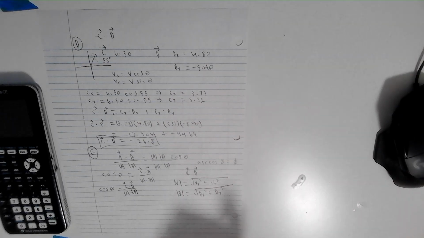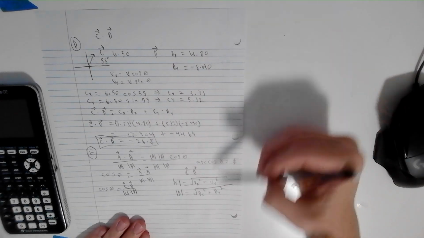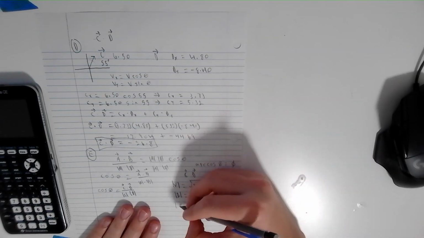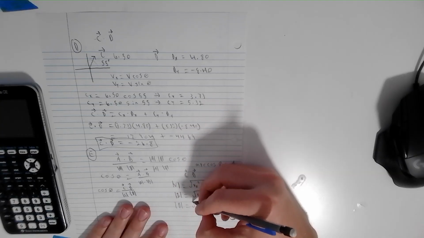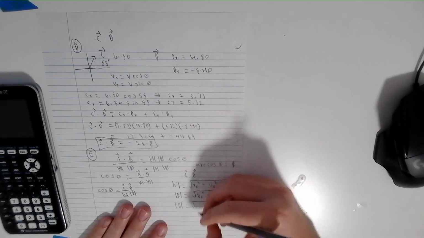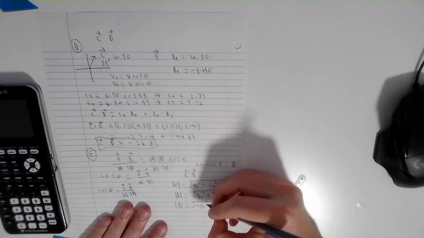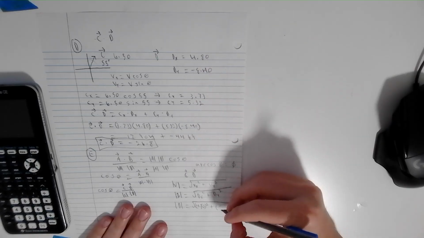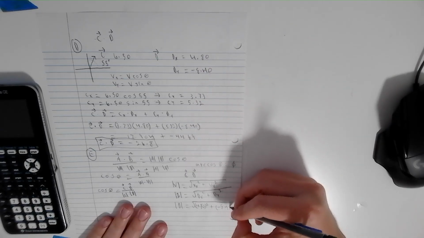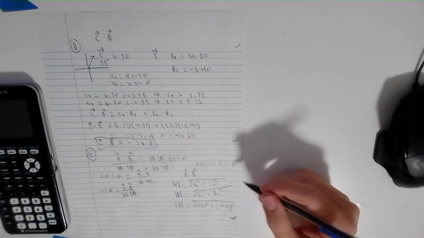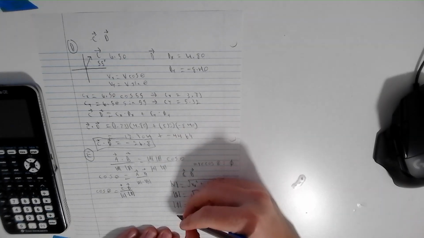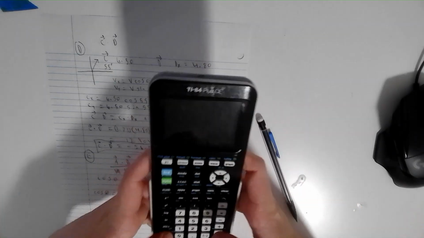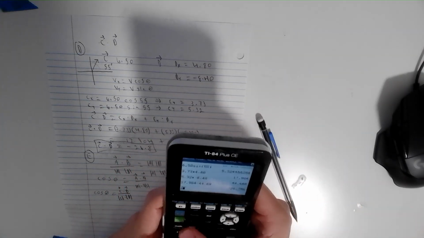And then we're just going to plug that in because we got all the values up here. So magnitude of D equals square root of D of x, 4.80, squared plus D of y, negative 8.40, squared. And then we just plug that into our calculator, and it should give us the answer.